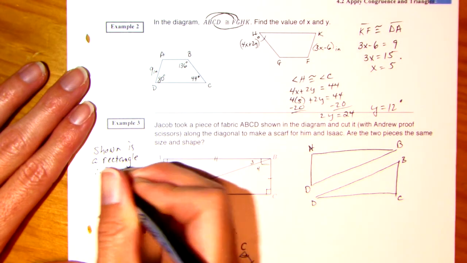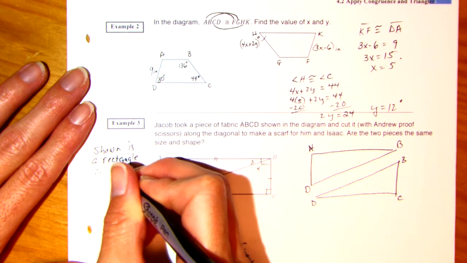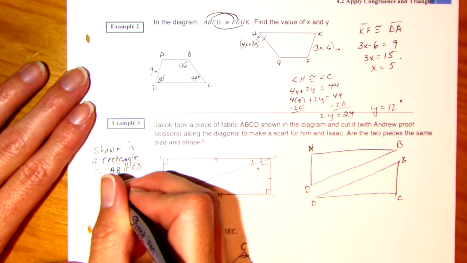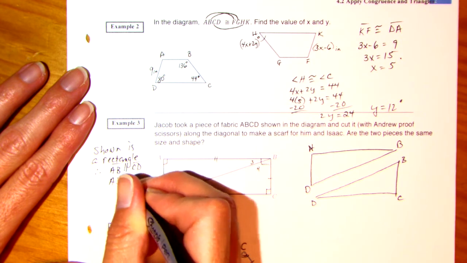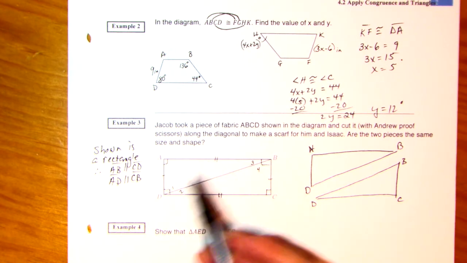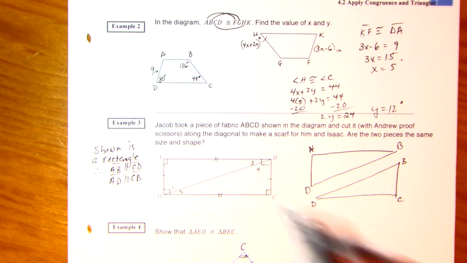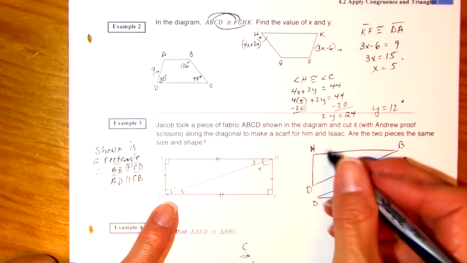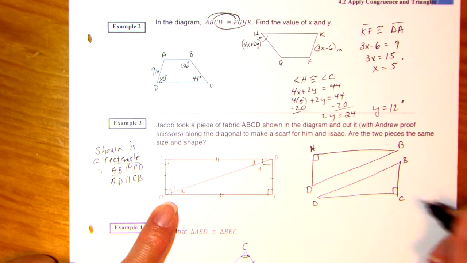Basically what that means is AB is parallel to CD, right? And AD is parallel to CB. And with parallel lines cut by a transversal, alternate interior angles are congruent, etc. So that means you know that, and also rectangles have 4 right angles. So I have this, and I have this.